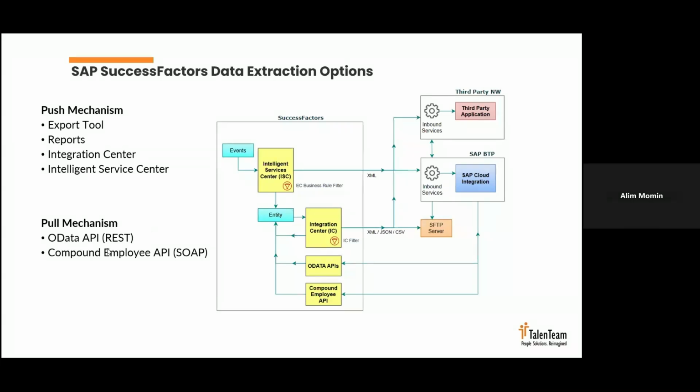two parts. One is OData API and the other is compound employee API. OData API follows the REST method or design, where the API itself is very flexible. You can select 5 fields from a table for which you want to extract data. You don't need to select all the fields. And you can even navigate to other tables or other entities through the starting entity.